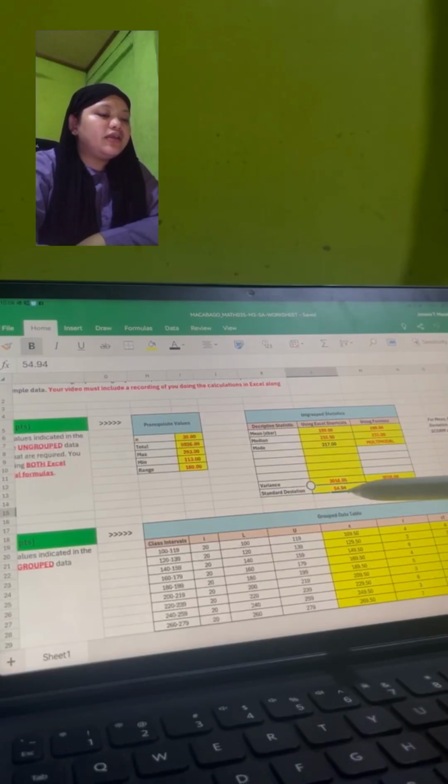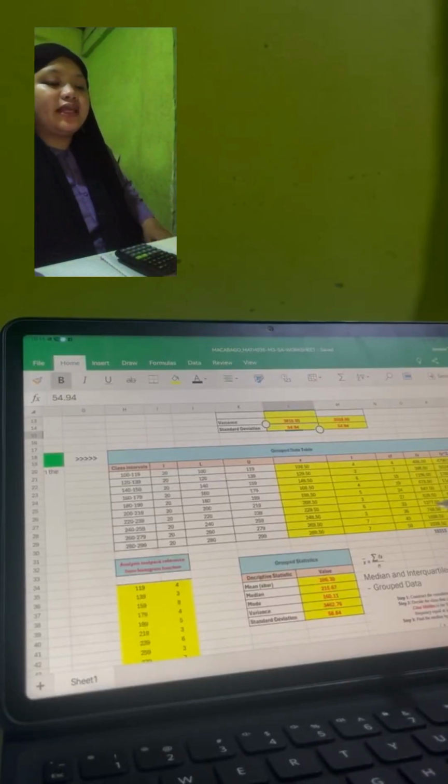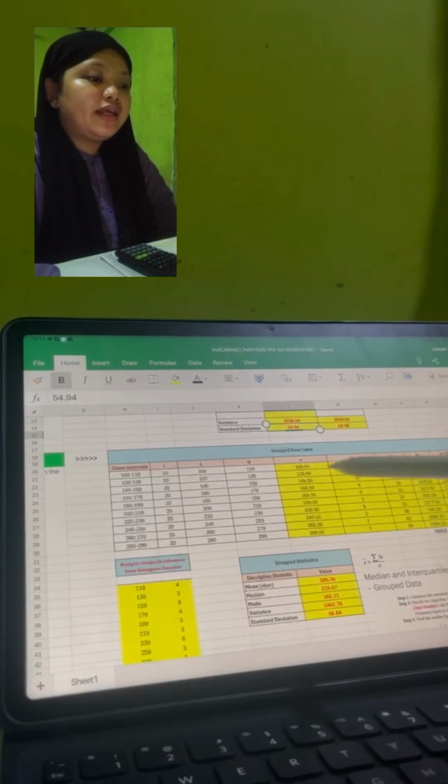So next, how did I get this standard deviation? Now for the grouped data table, how did I get the x?